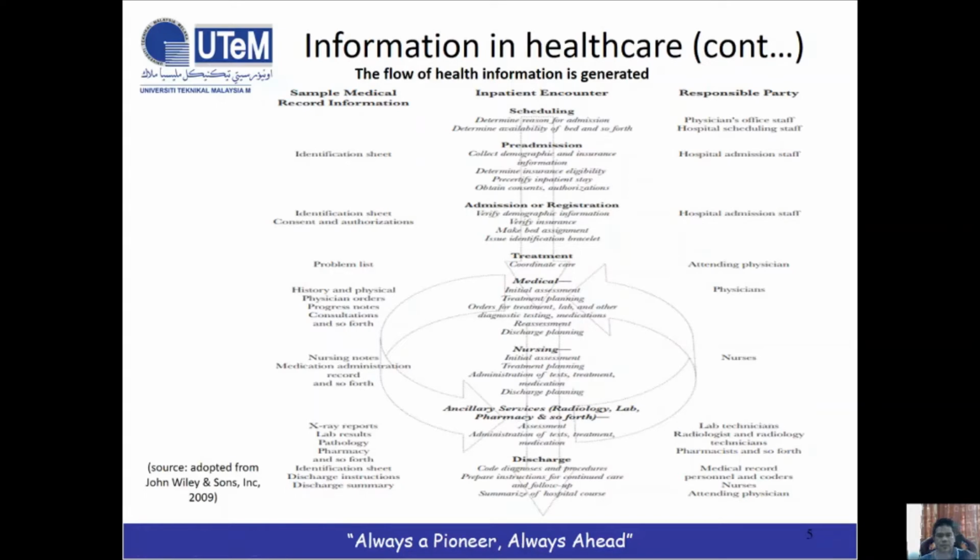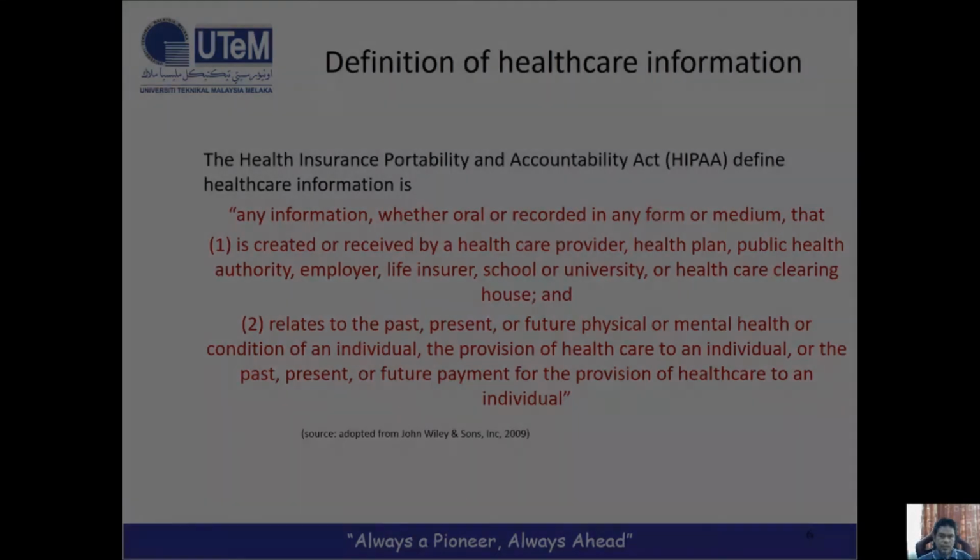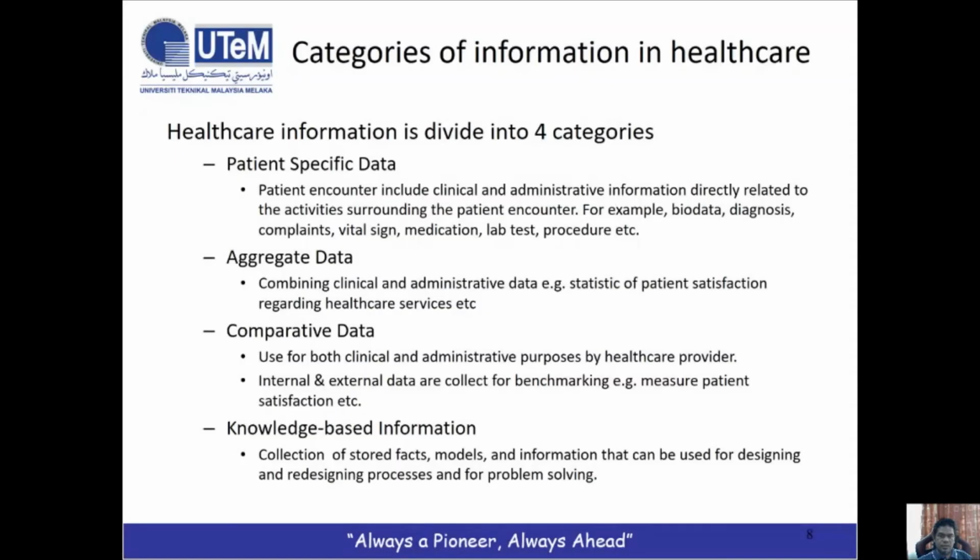So the aggregate data is actually the combination for the patient, or for statistics. Let's say the top management asks the administrator how many patients there were for the day, and what the cost, profit, and loss were for the day.